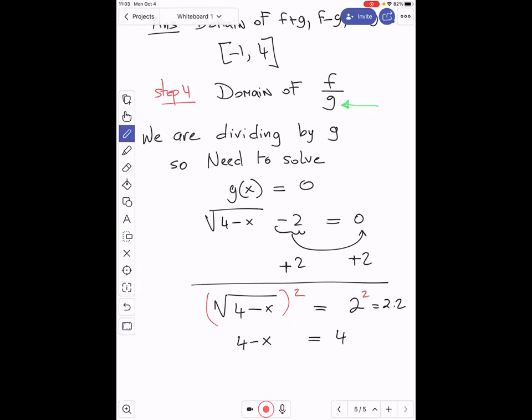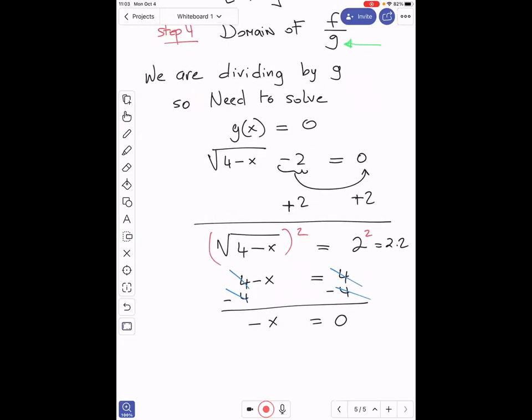Okay. Now we need to solve for x. We can subtract 4 from both sides. So 4 minus 4 cancels out, and it's just minus x on the left. On the right side, 4 minus 4 is just 0. So minus x is 0.